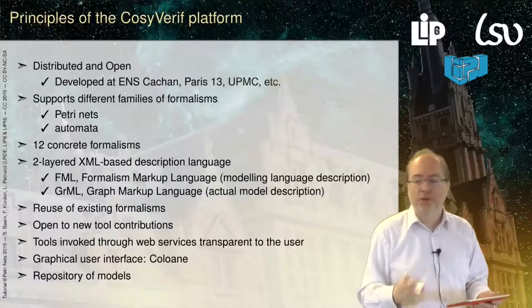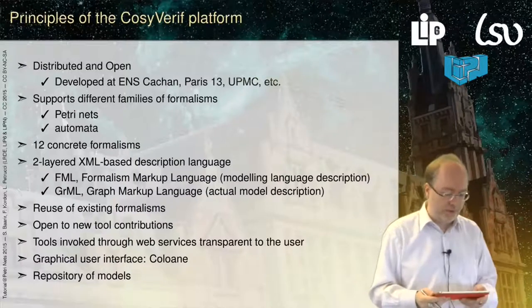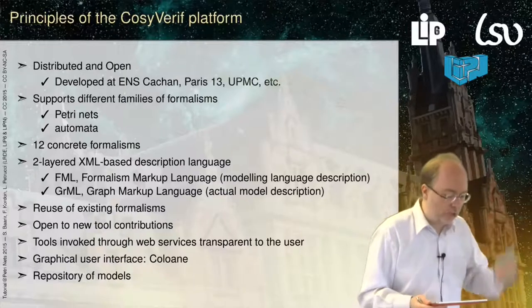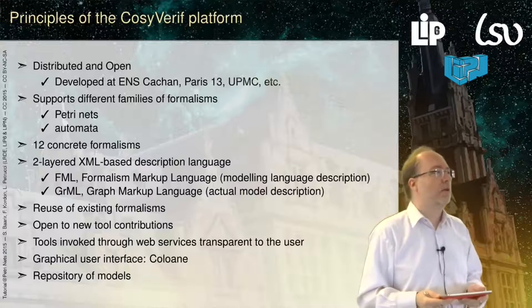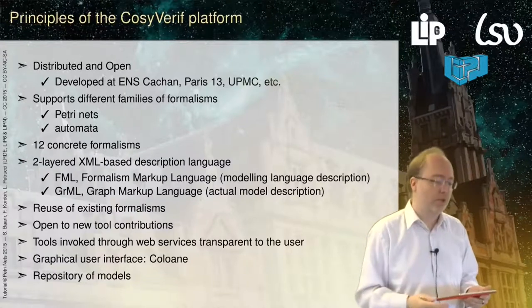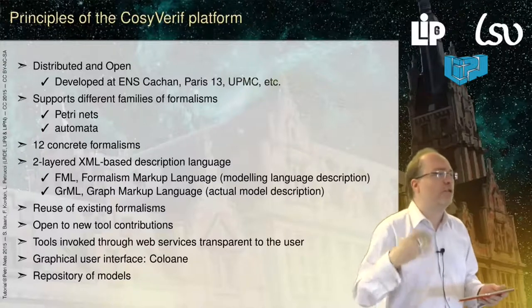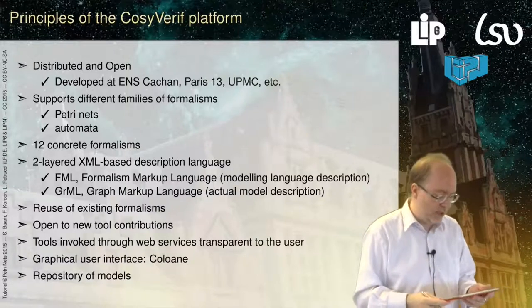CosyVerif is distributed and open. It supports a variety of notations, basically Petri nets and all kinds of automata, with all variants. These are 12 formalisms, so different mathematically based notations. It's based on, technology is changing, but on XML-like technology.